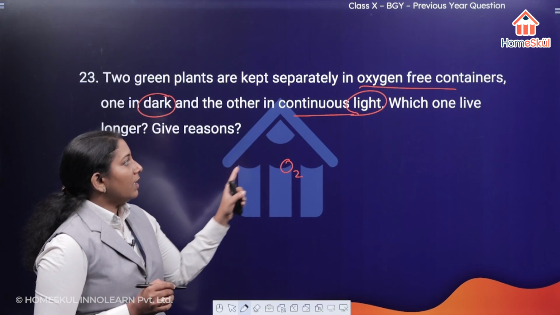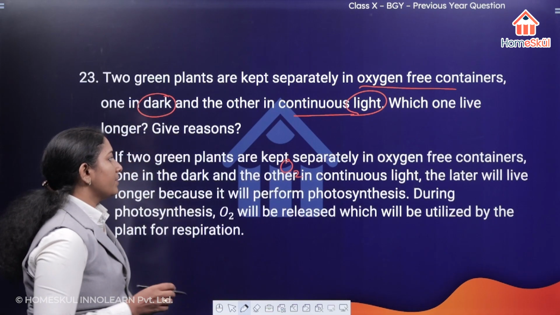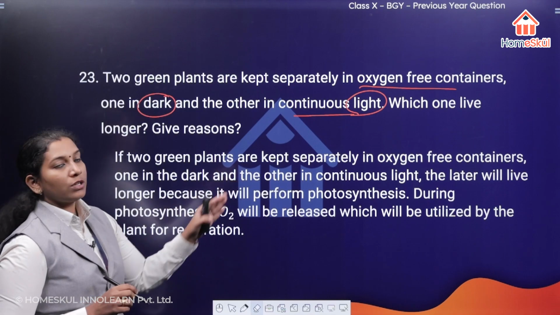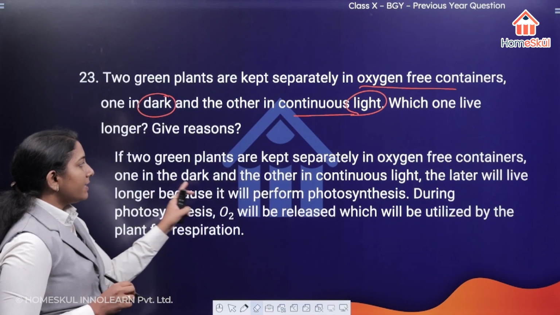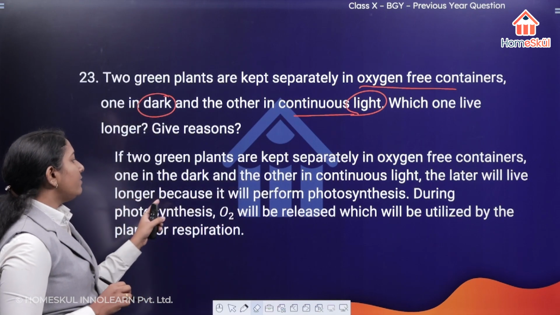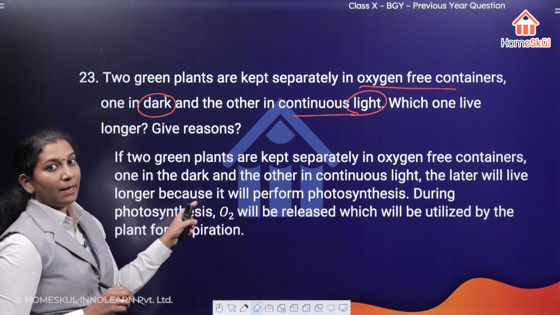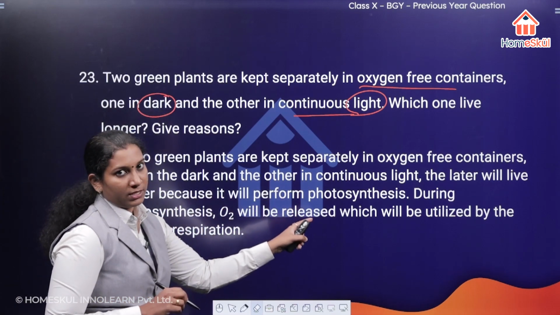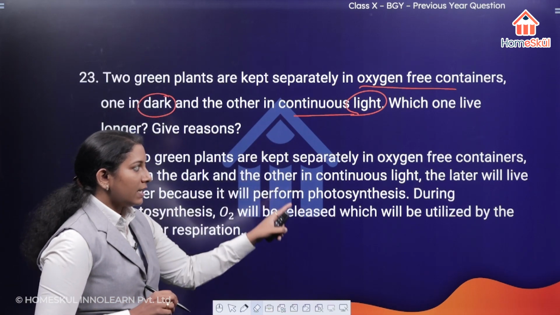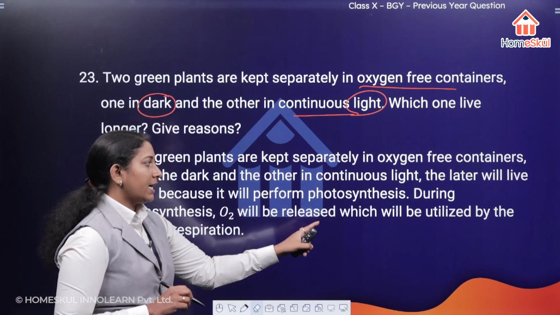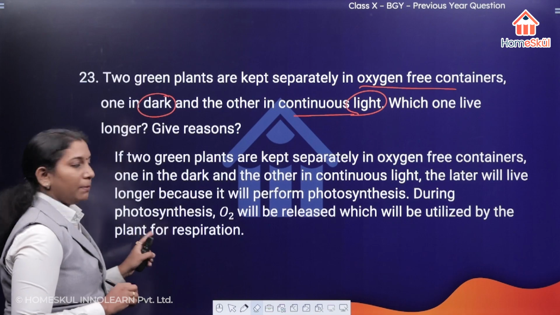So if two green plants are kept separately in oxygen-free containers, one in the dark and the other in continuous light, the latter will live longer, because it will perform photosynthesis, and during photosynthesis oxygen will be released, which will be utilized by the plant for its respiration.